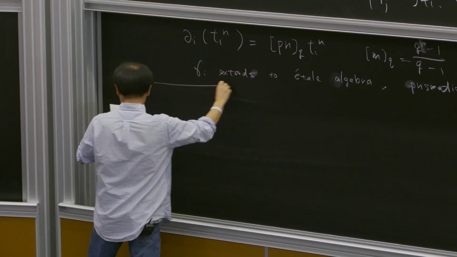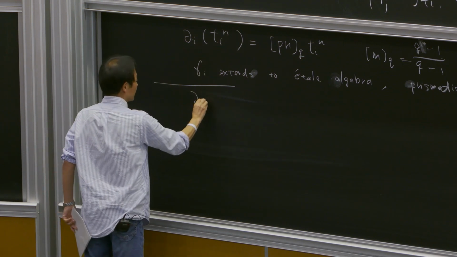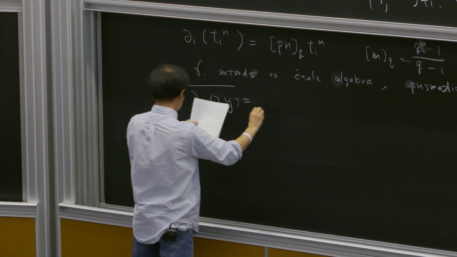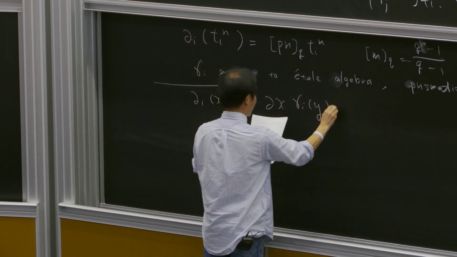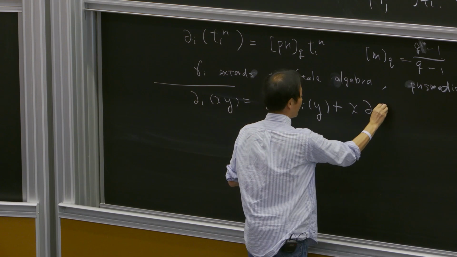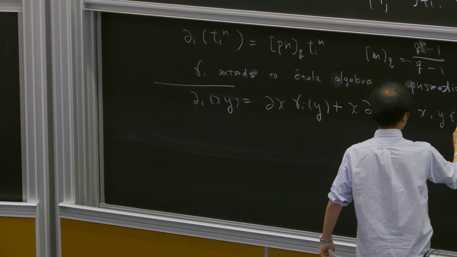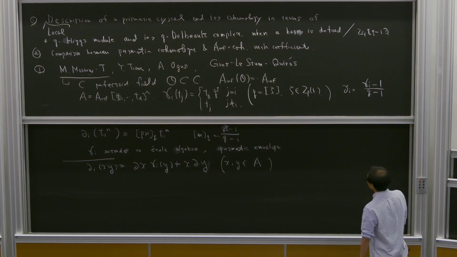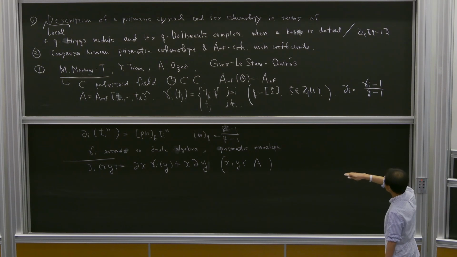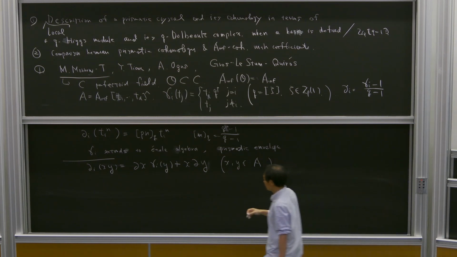Okay. And so this derivation satisfies the following equality for any x, y in A. So this is easy to see. This equality holds for gamma_i minus 1, and this also holds after dividing by q minus 1.